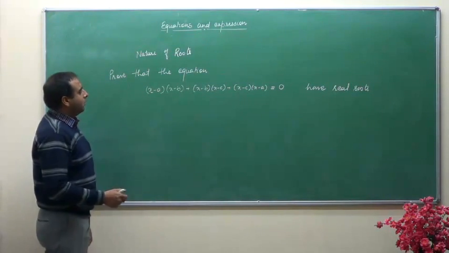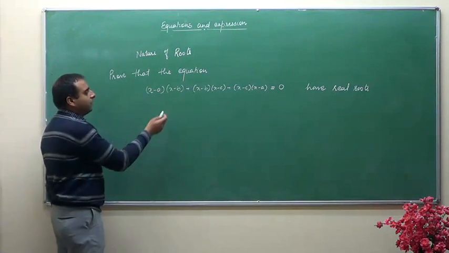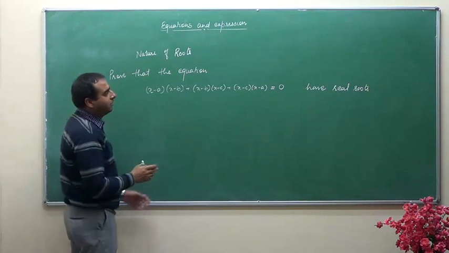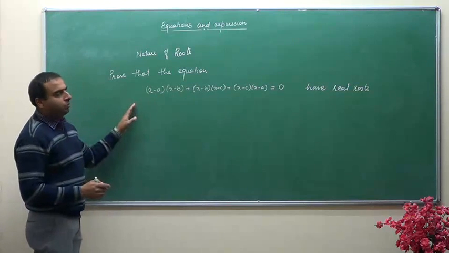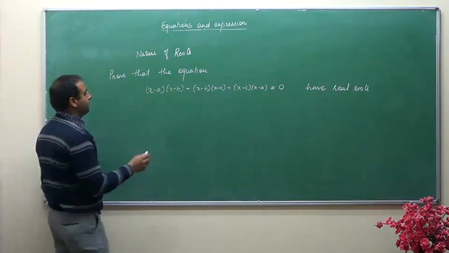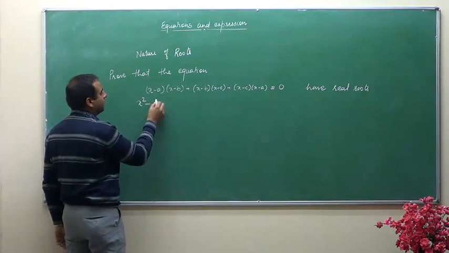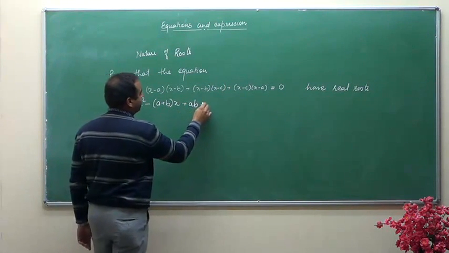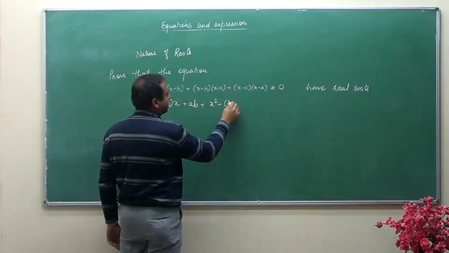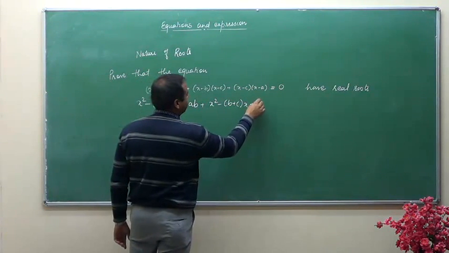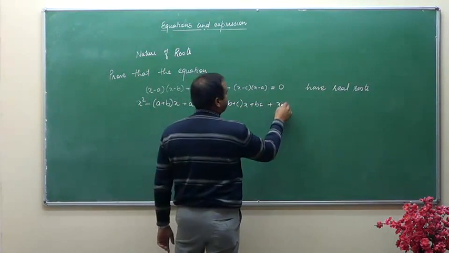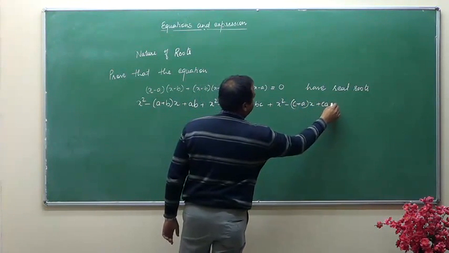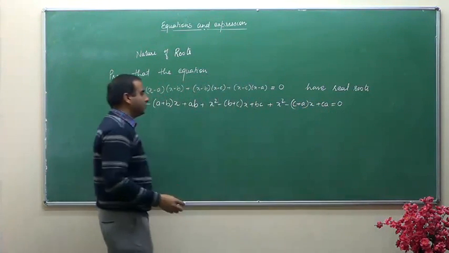So first we will find the discriminant of the quadratic equation, and before finding the discriminant we will convert it into the standard quadratic equation. This is x square minus (a plus b)x plus ab, x square minus (b plus c)x plus bc, plus x square minus (c plus a)x plus ca, equal to 0.